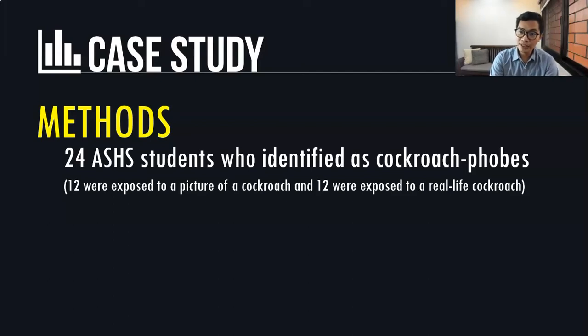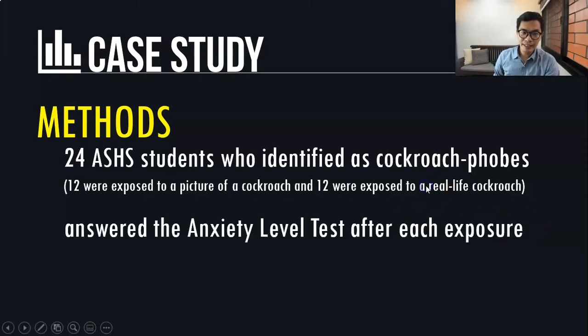And then you gave them the anxiety level test. Now, in this case, they answered the anxiety level test after the exposure. So it's like having a control and an experimental group, but you know that the variables here are the same: seeing a cockroach, but at different levels, a picture and an actual cockroach.